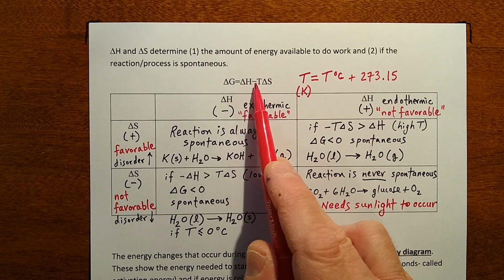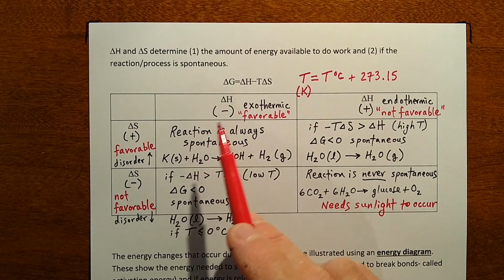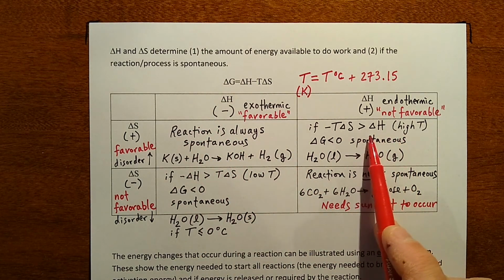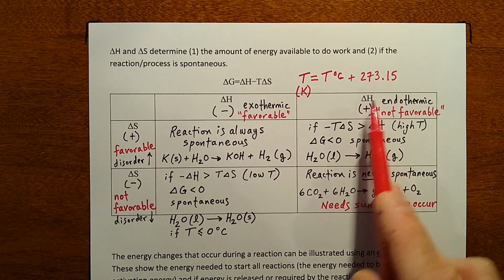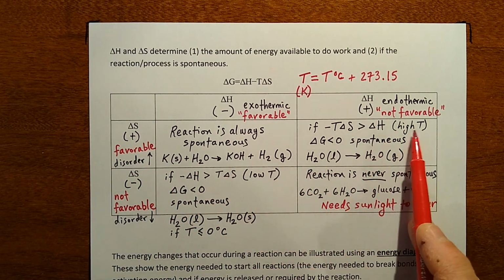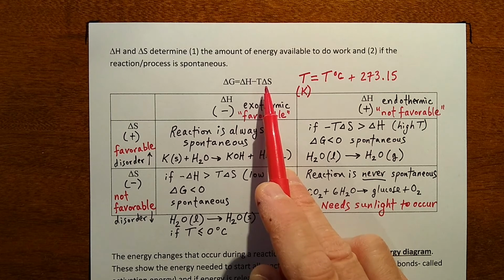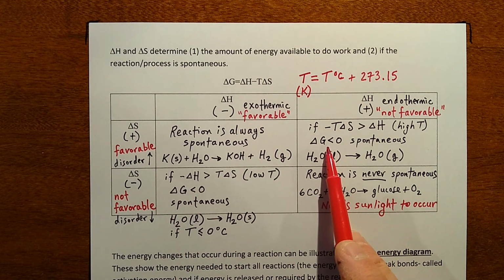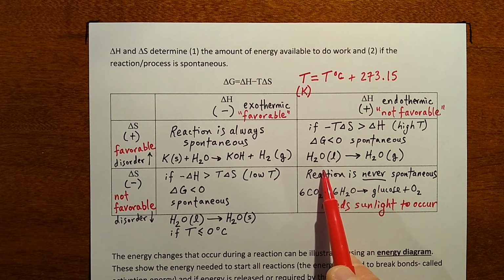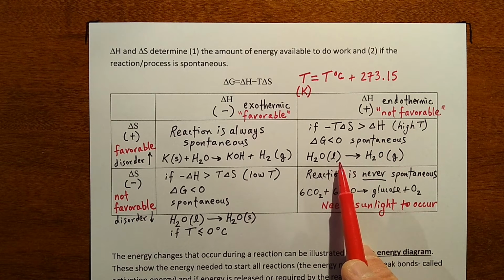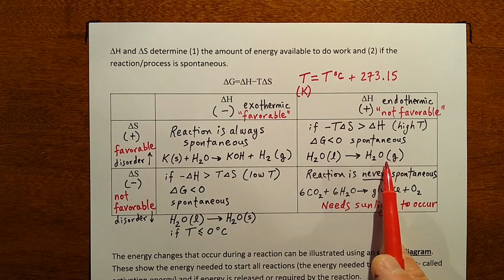A positive minus a positive may or may not be negative depending on the relationship between delta H and delta S. This is generally favorable at high temperature, where this term here is greater than this term here. So that would make delta G less than 0. An example of that would be liquid water evaporating into a gas. That will only occur spontaneously at high temperature.